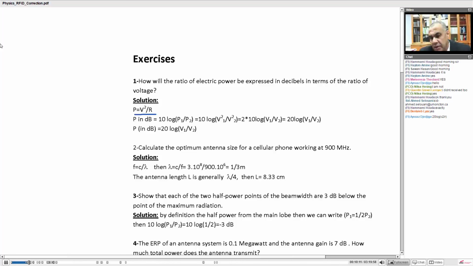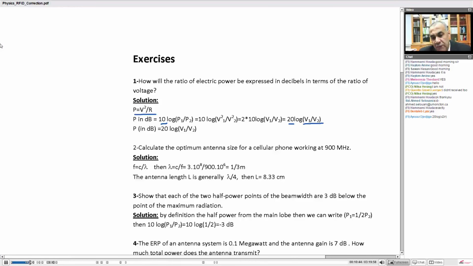It's 10 logarithm of power. When you replace the power, you will have this ratio and you have the square of voltage. This is why if you use voltage, you have 20, but if you are using powers, it's 10. This is why I gave you this exercise in order to be sure about the difference. Right, Jigjiga?